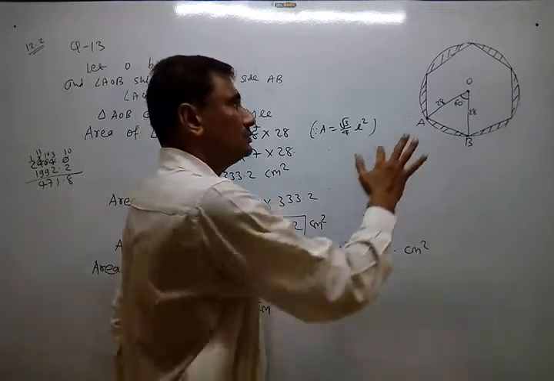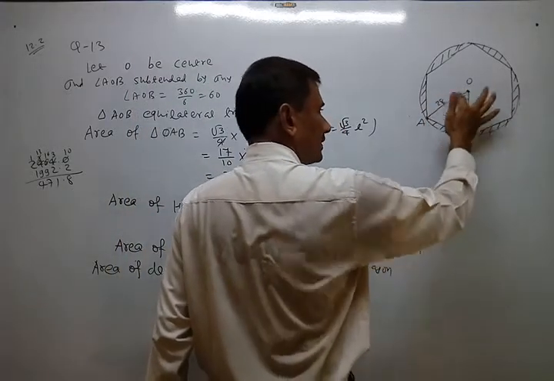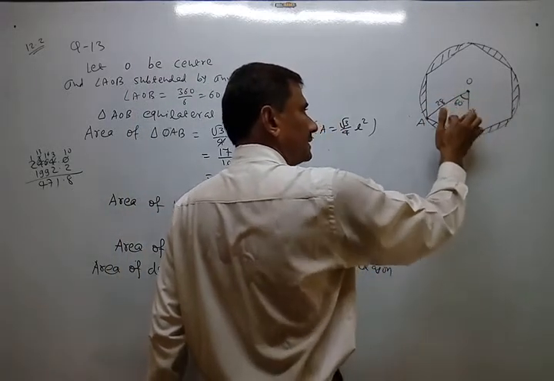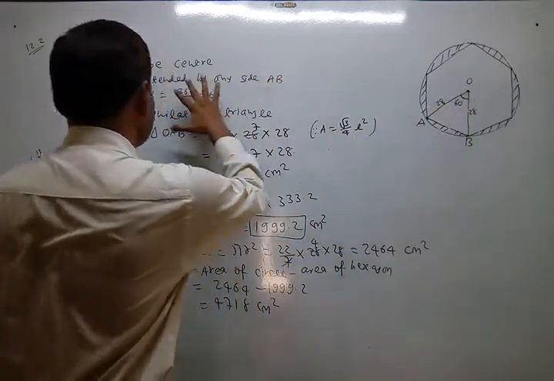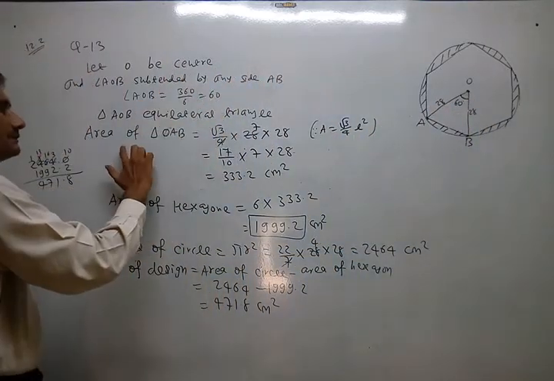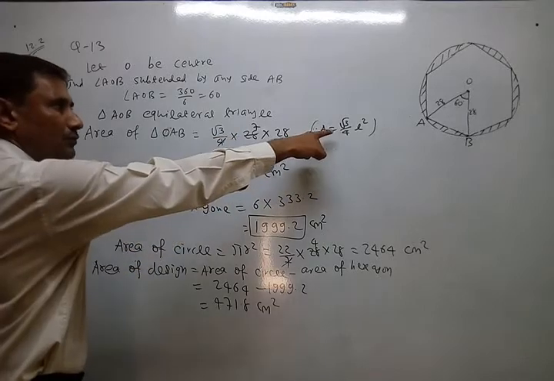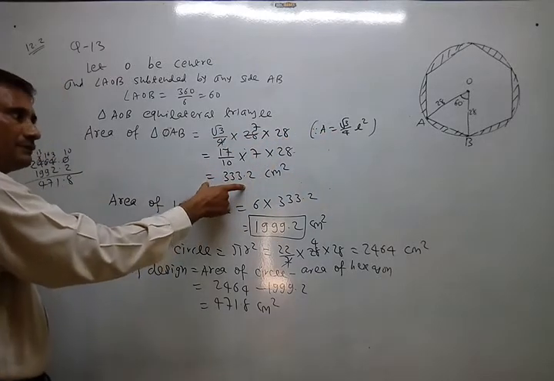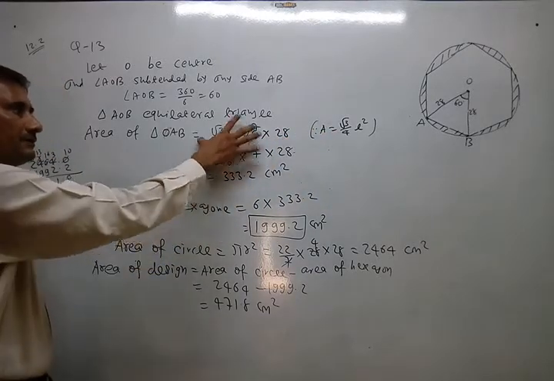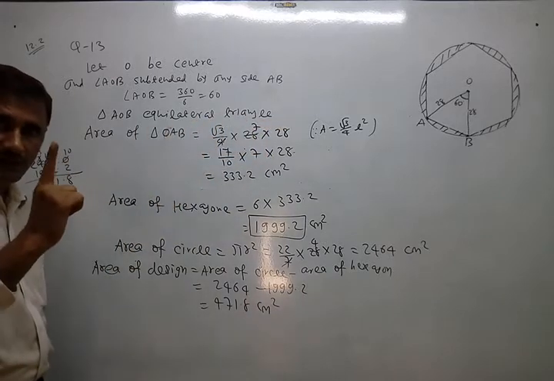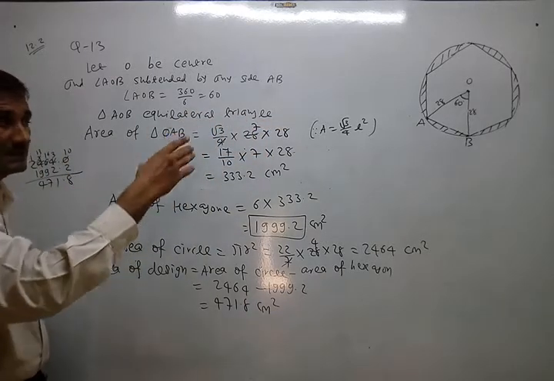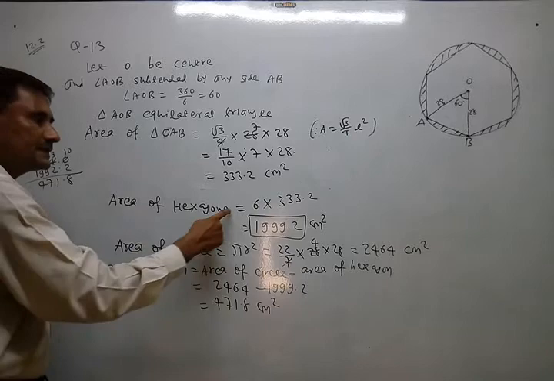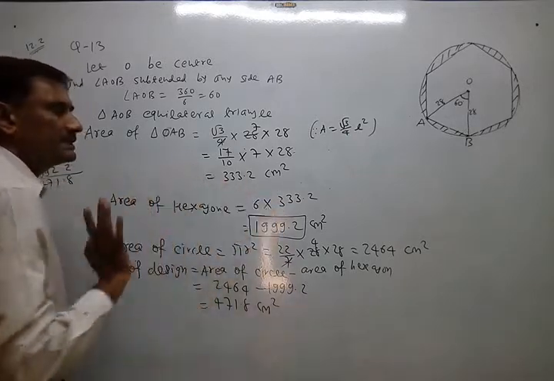So we drew two extra radii here, and an equilateral triangle is formed. First we found root 3 by 4 L square using the formula. Using this formula we found the area of one triangle, but there are a total of 6 triangles, so for the area of the whole hexagon we multiply by 6.